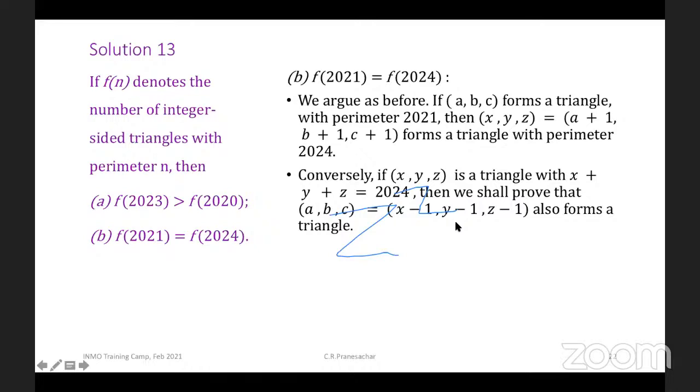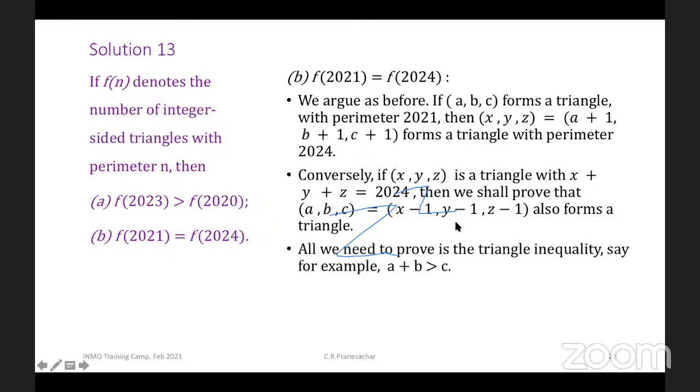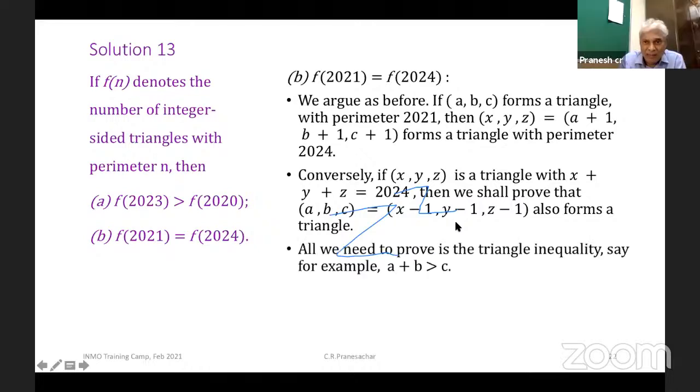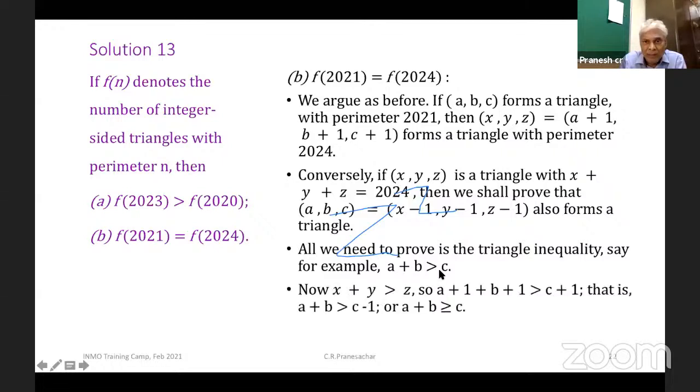Sir, by contradiction. Okay, let's see. The contradiction is obtained in a very particular way. All we need to prove here is, for example, a plus b greater than c. Since x plus y is greater than z, because that's for 2024, if you replace x, y, z by a plus 1, b plus 1, c plus 1, you get a plus b is greater than c minus 1.